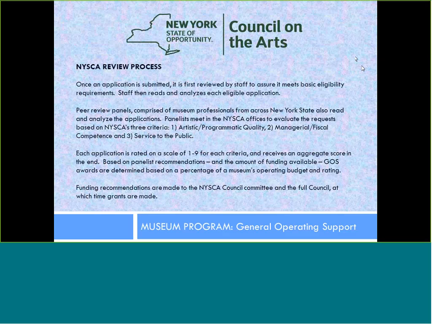Based on the panelists' recommendations and the amount of funding available, as Kristin said, the GOS awards are then determined. The funding recommendations are then forwarded to a subcommittee of our council, which is like our board of directors. They have more discussion about each one of the recommendations, and then their recommendations are forwarded to our full council. The council members are appointed by the governor.